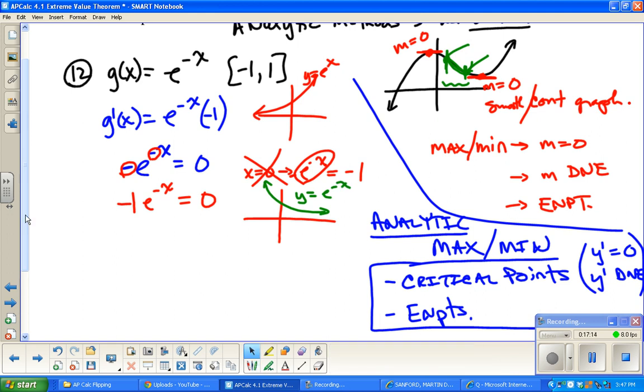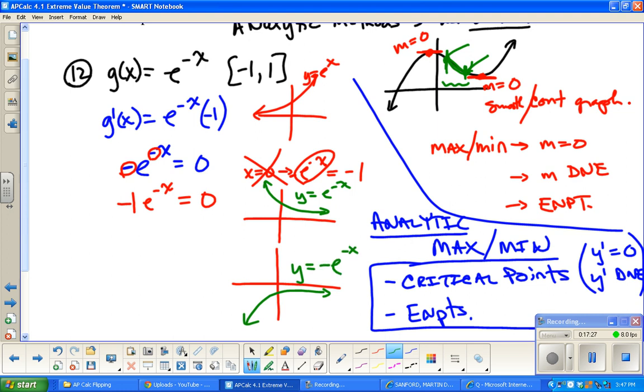And then if I put a negative in front of the whole thing, it flips it up over the x-axis and it actually looks like this. So this is really y equals negative e to the negative x. Well, where's the slope going to equal 0? The slope gets closer and closer to 0 here, but it never actually gets there. In other words, it never goes perfectly horizontal.